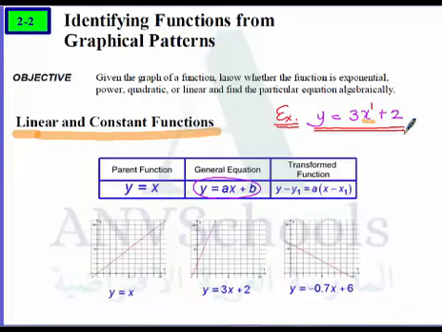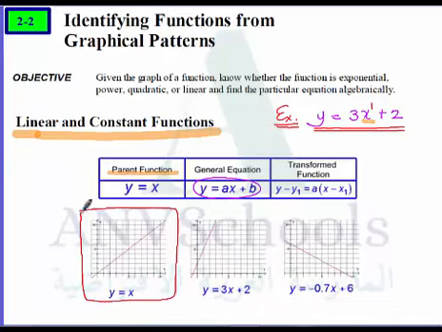But what is a linear function really? A linear function has the parent function y is equal to x. So this is the most basic of the linear functions. And the equation of the parent function y is equal to x is here, as you can see.